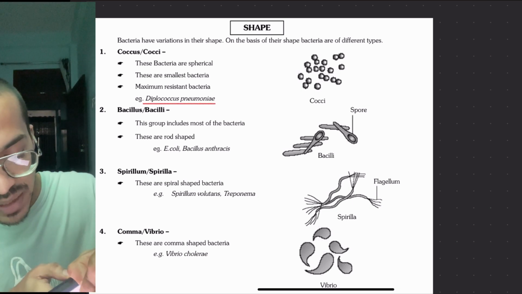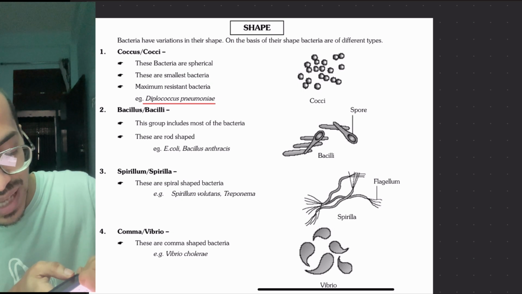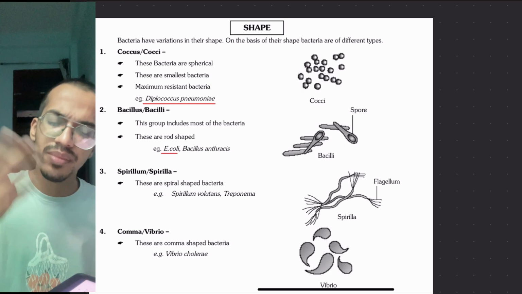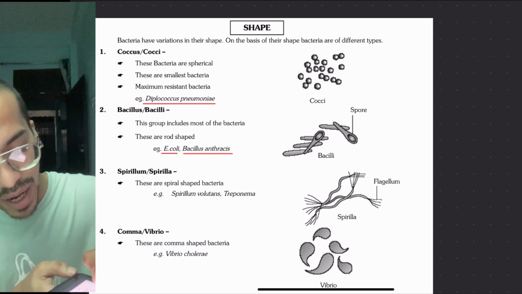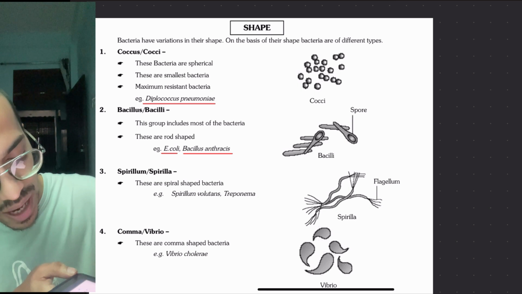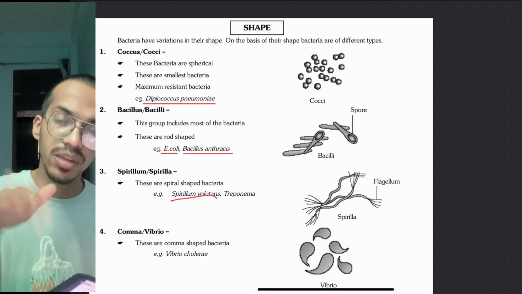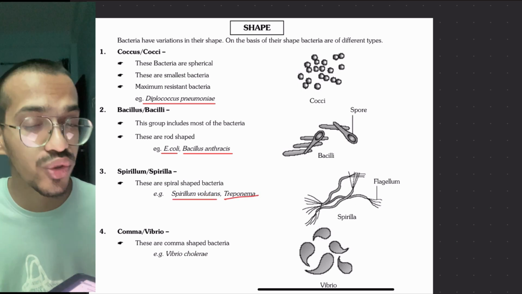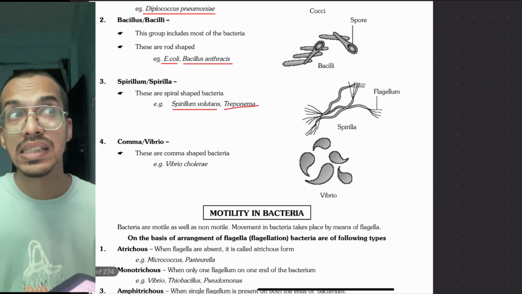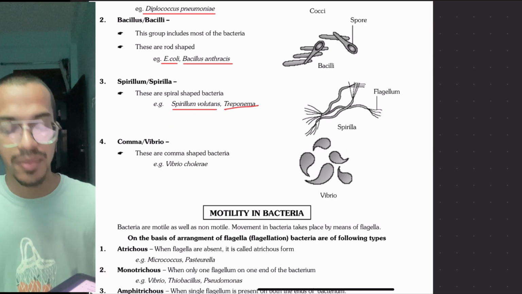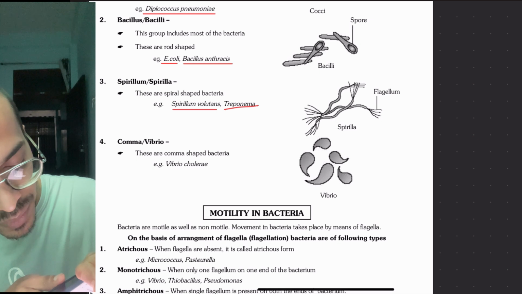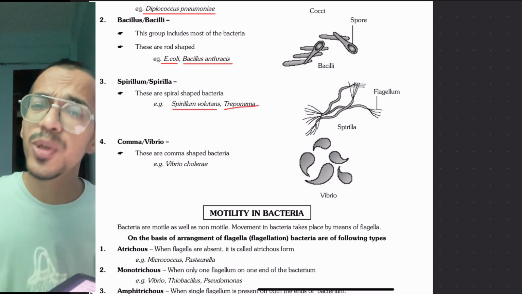E. coli, that is Escherichia coli, Bacillus anthracis. About their diseases we will learn later. Spirillum volutans and Treponema, which we will be learning later in STDs in 12th class. Then Vibrio cholerae we are going to be studying more about in the 12th class.